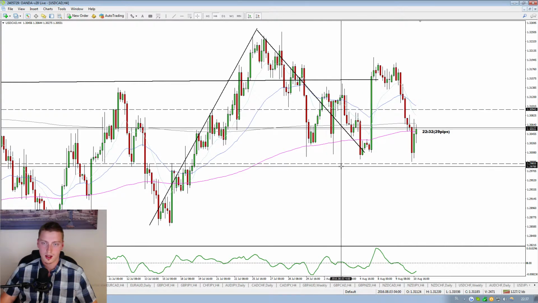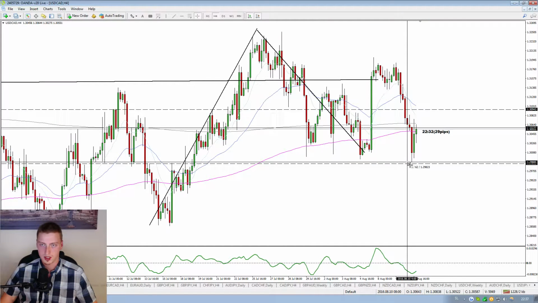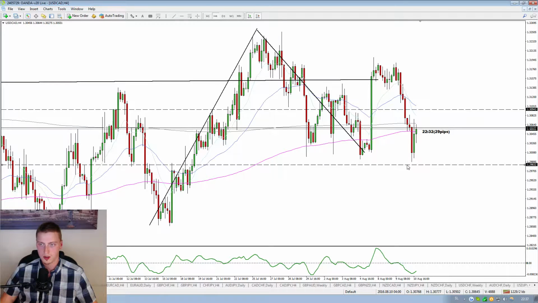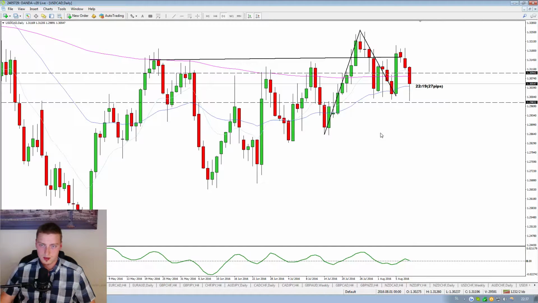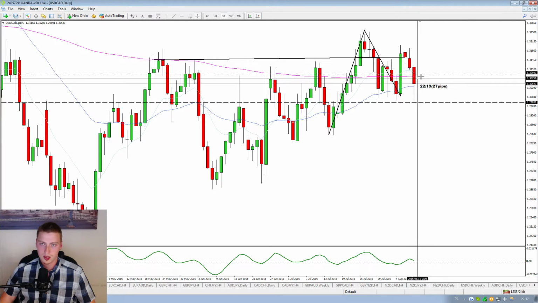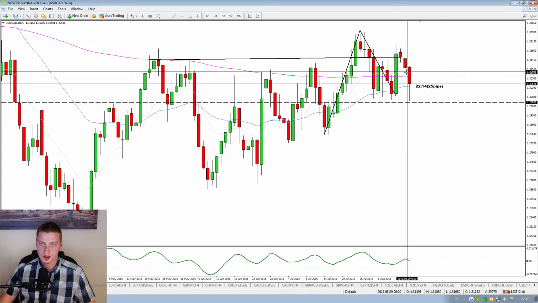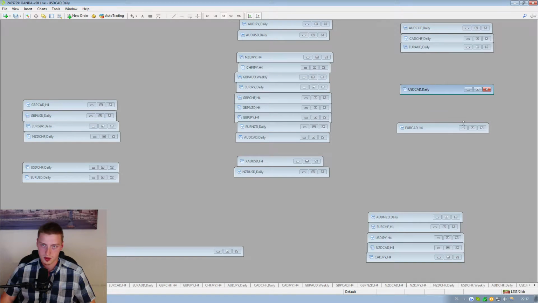Luckily I didn't get stopped out for 7 pips. And this bearish candle is also very powerful, so we'll see. For now, just wait. You can't do anything right now on a higher time frames.